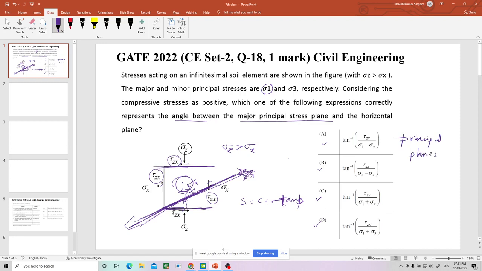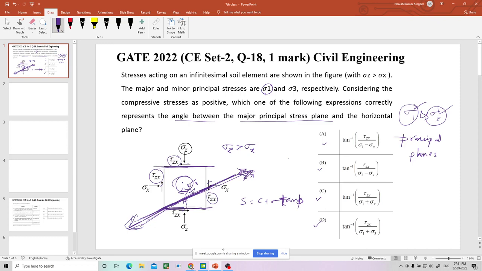What are sigma 1, sigma 3? They are principal stresses. But why are they called principal stresses? Because of the plane where they are acting, right? So what is the shear stress on this plane? 0. That's it. Anyway, that is what I was asking.